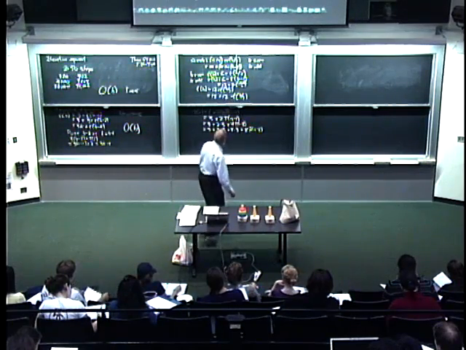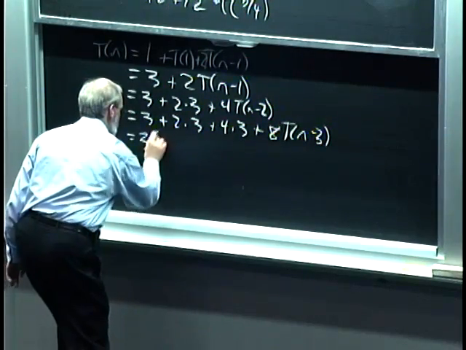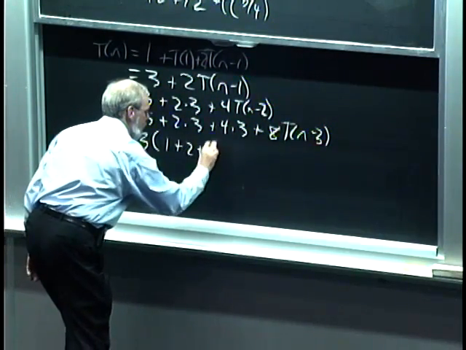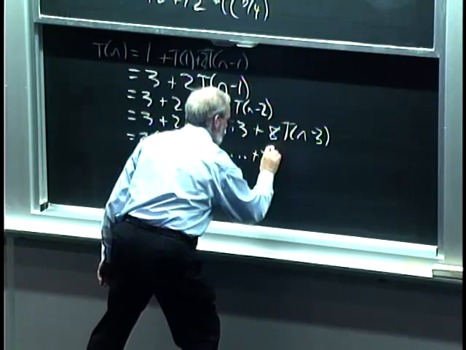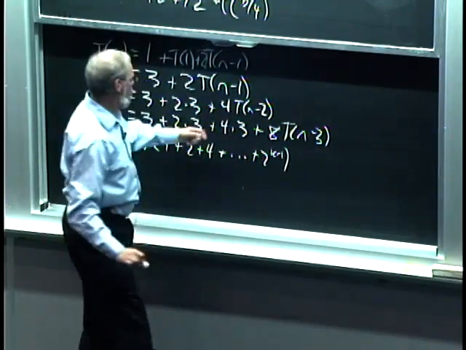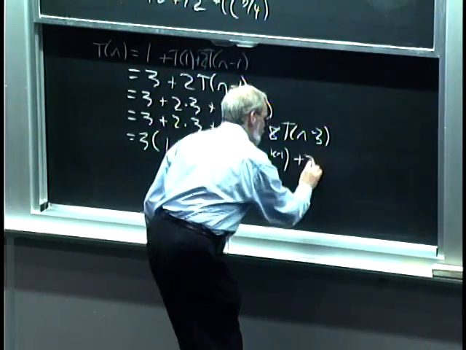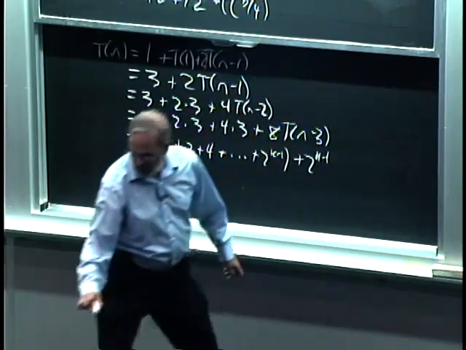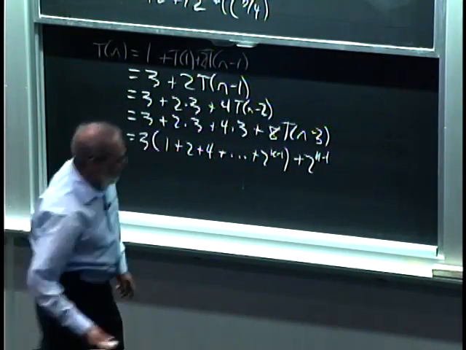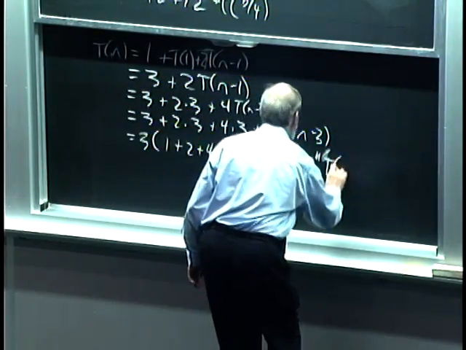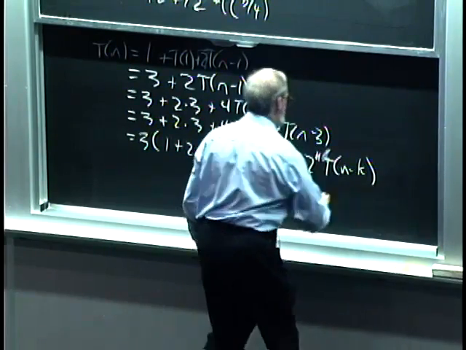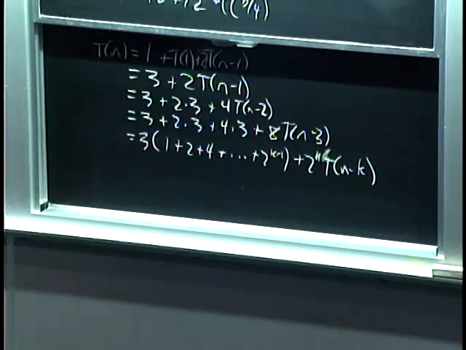But basically, if I do this, I end up with 3 times 1 plus 2 plus 4 up to 2 to the k minus 1 for all of those terms, plus 2 to the k, sorry, T of n minus k. Again, don't sweat the details.